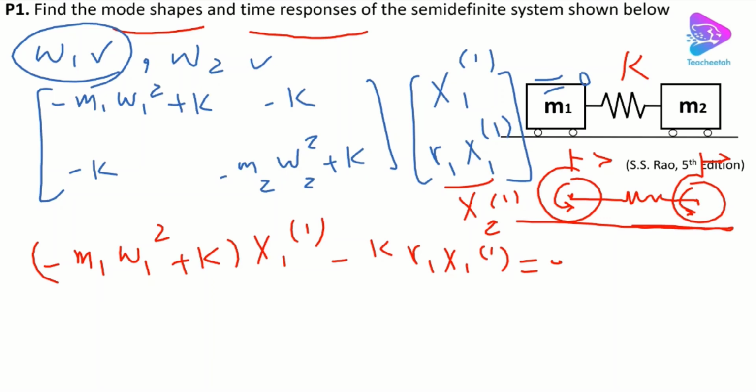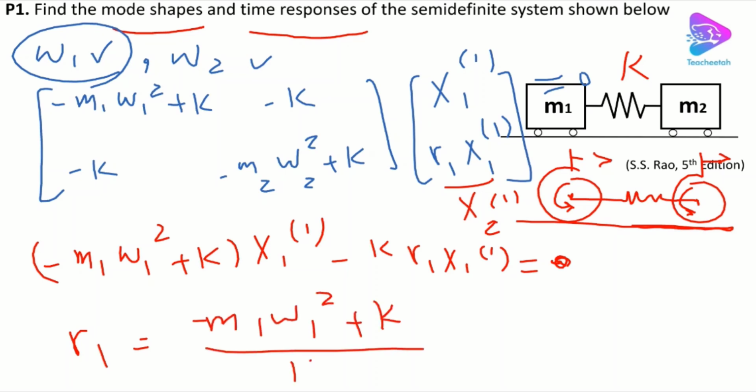I'm sure you remember how we define the amplitude ratios for each mode shape, right? So r1 is equal to (minus m1 omega 1 squared plus k) divided by k, right? And this is actually equal to x21 divided by x11, right? Like I said, I suppose you know this because we did that before.